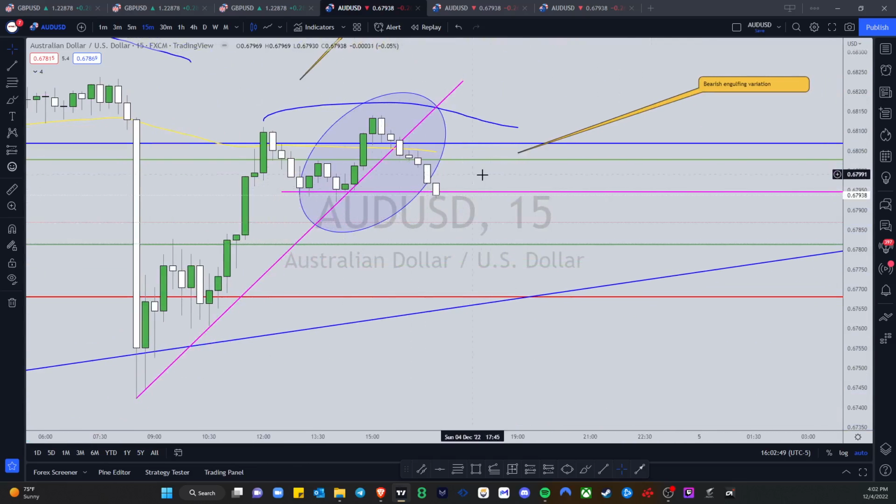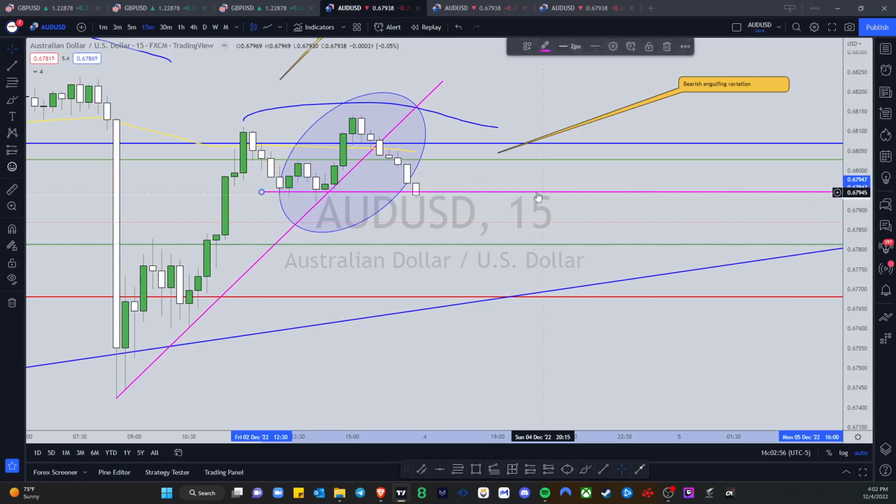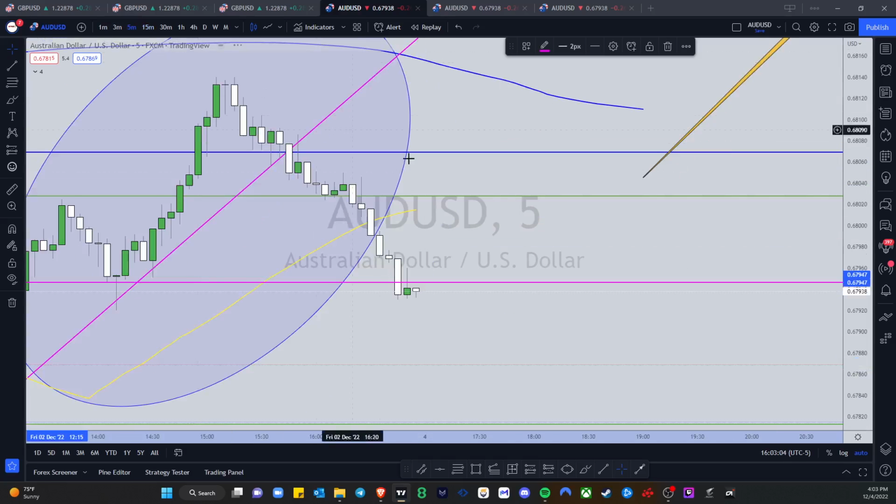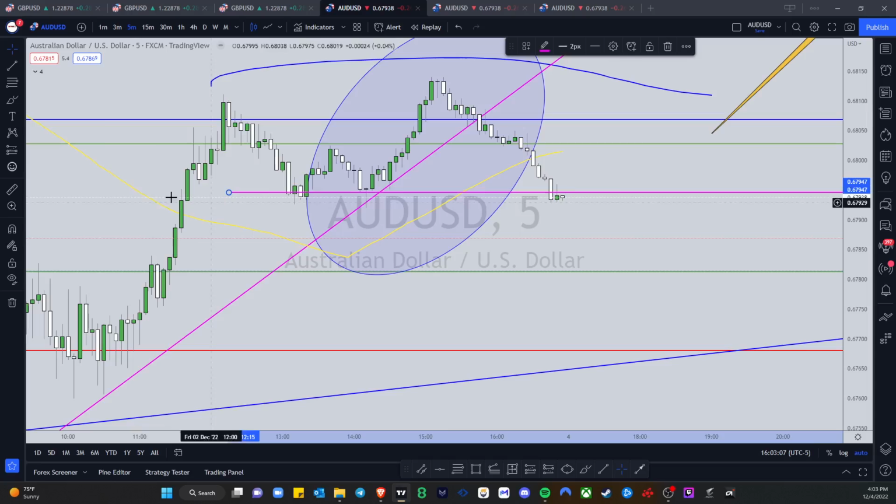So I need price to break this level of support right here on M15. Once it breaks that level, we should be expecting some type of retest of that level. It may not even retest it, it could just keep on going on its way.